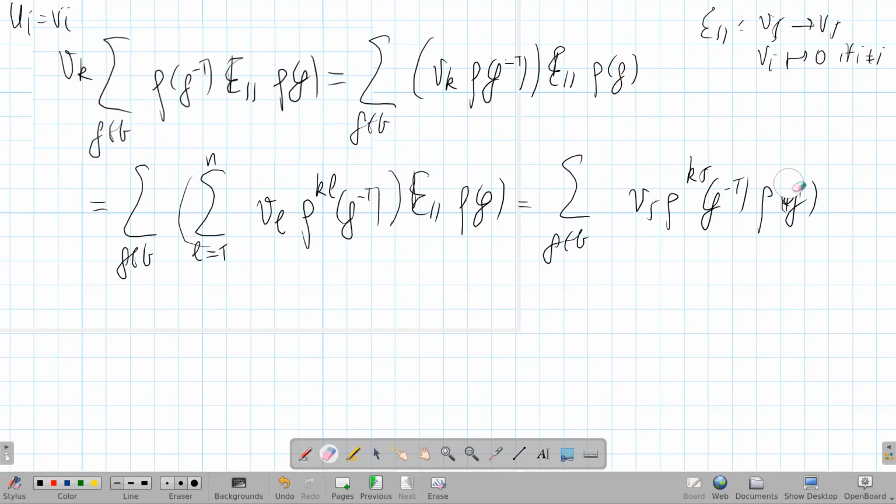Of course, this coefficient is just a number, so you are applying rho G to VS, and it's exactly the same as before.